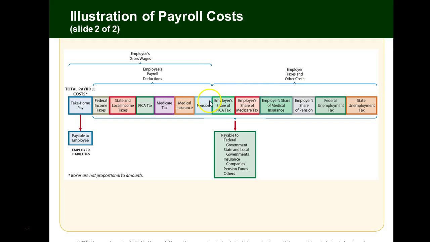They need to pay for FICA for the employees. They need to pay their share of Medicare tax and possibly medical insurance for their employees. And depending on what type of pension, the employer may have a portion of their costs they need to pay in for the employee. In addition, there's some costs you don't even know about if you're not an employer.